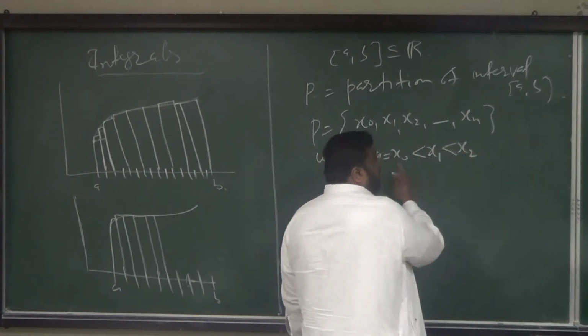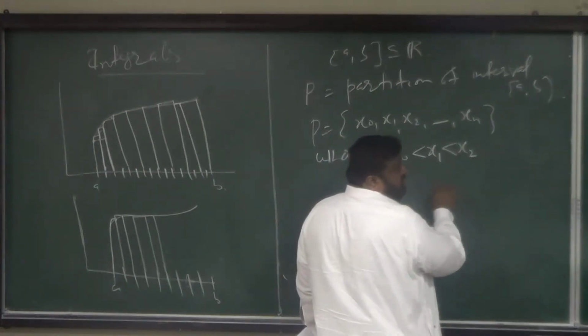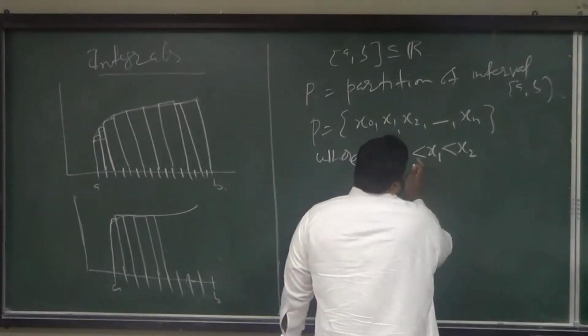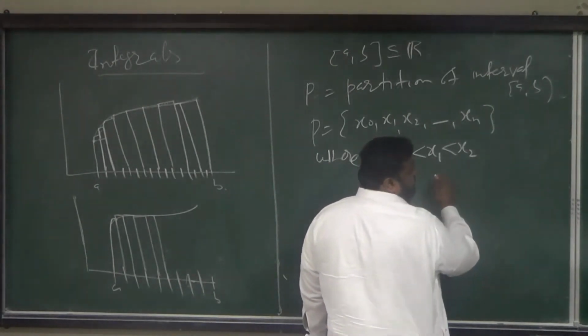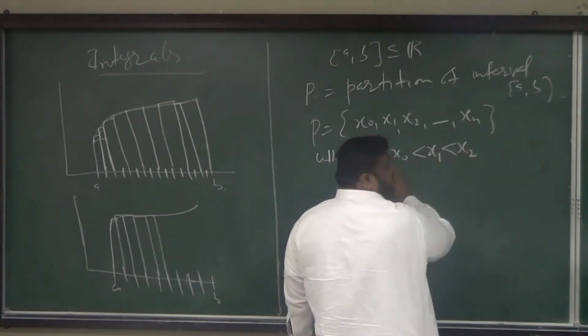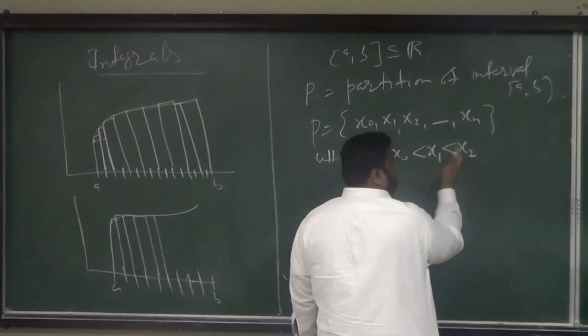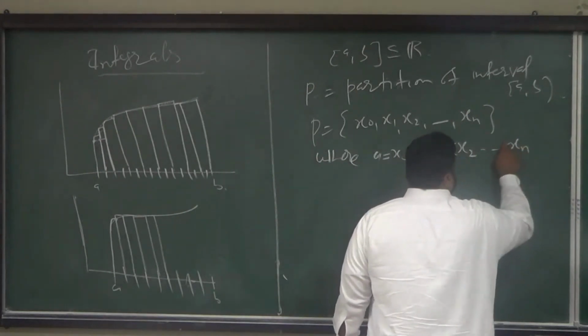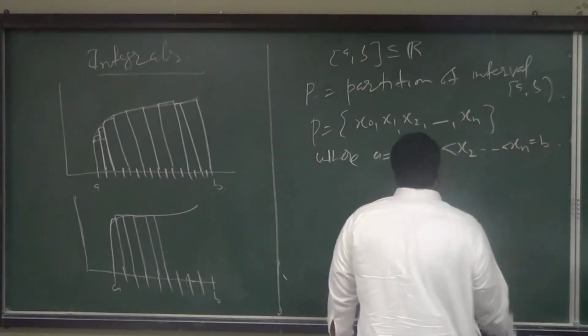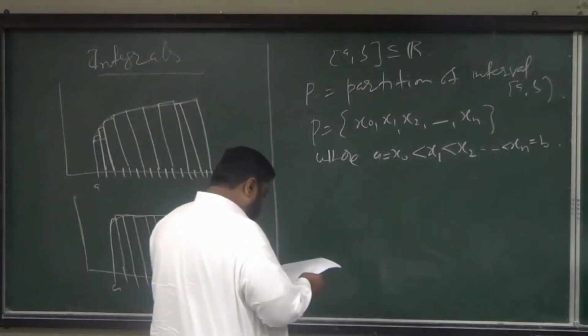In other words, x1 is to the right of x0, x2 is to the right of x1, and so on, and xn is what we call b.